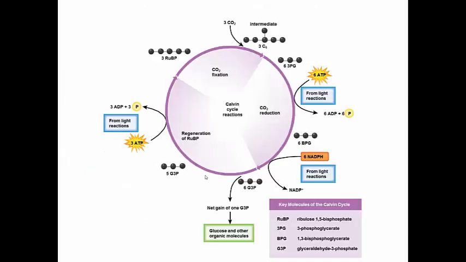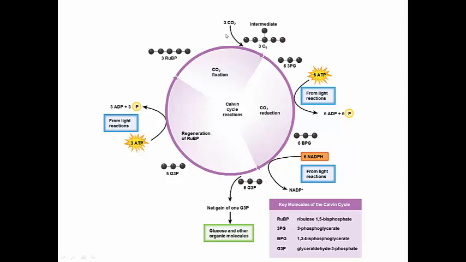So here we see a brief picture of the Calvin cycle. It's not our task to learn all these little parts at this point, but I'm going to point out a couple little parts that we do need to know. The very first thing we notice is this: CO2 is going in here. What is this called?